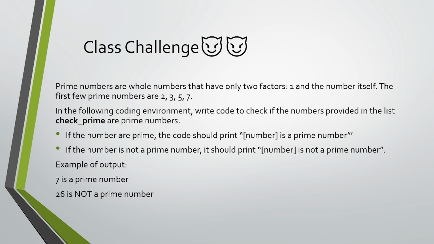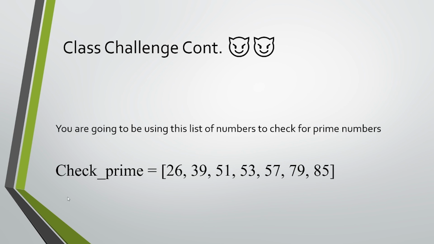Then if the number is a prime number, the code should print out "number is a prime number", where number is a variable. Whatever variable you want to call it, is a prime number. If the number is not a prime number, it should print out "number is not a prime number". Example of output: 7 is a prime number, 26 is not a prime number. This is the variable check.